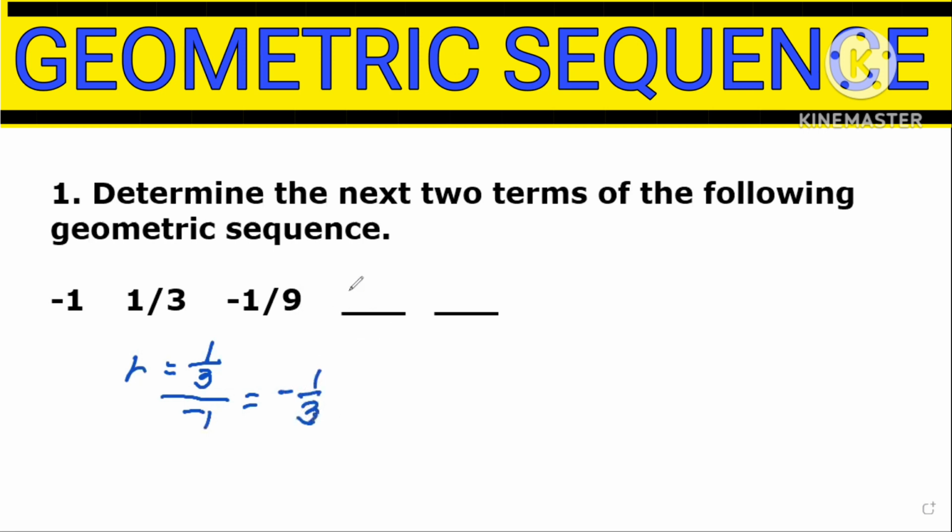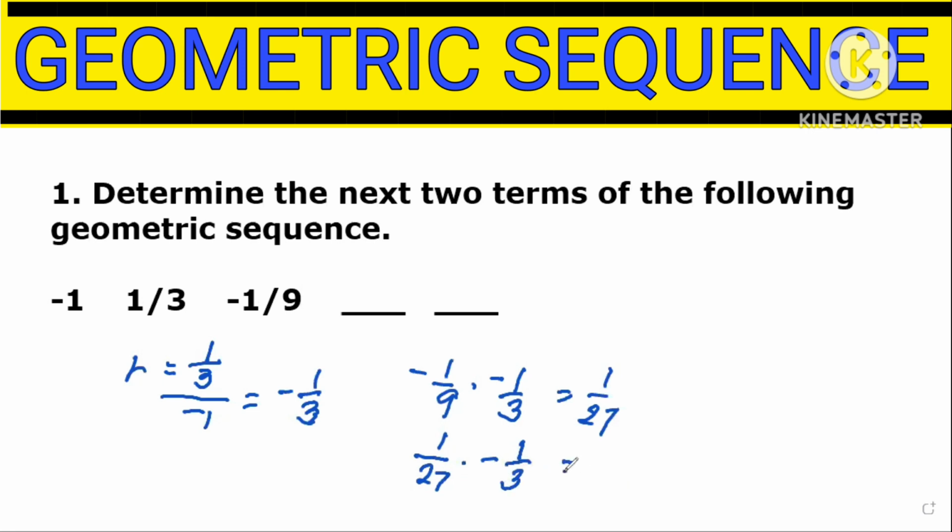Now, to get the next term, multiply lang natin yung negative 1 over 9 sa ating r. So negative 1/9 times negative 1/3 is equal to 1 over 27. And to get the next term, we multiply 1 over 27 again by negative 1/3.